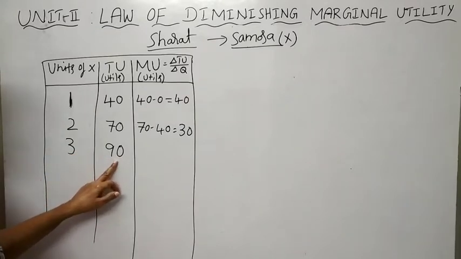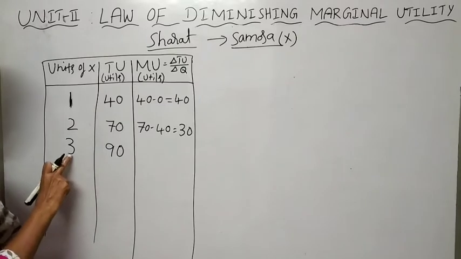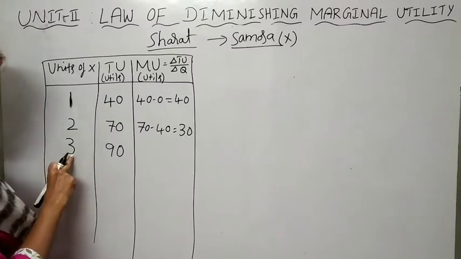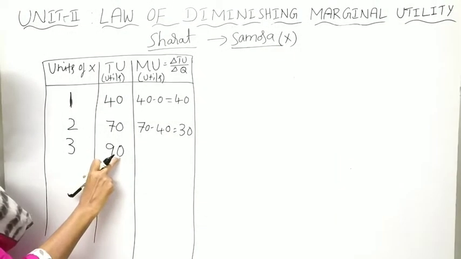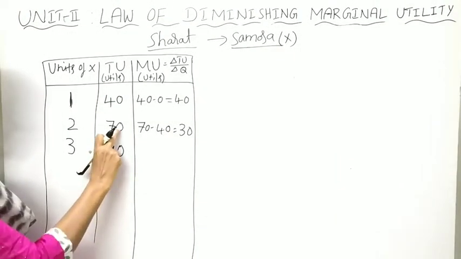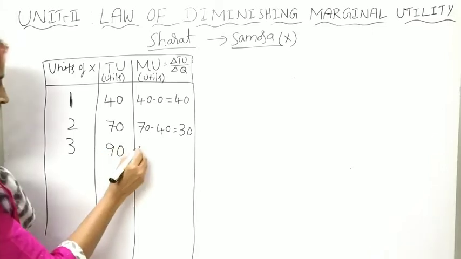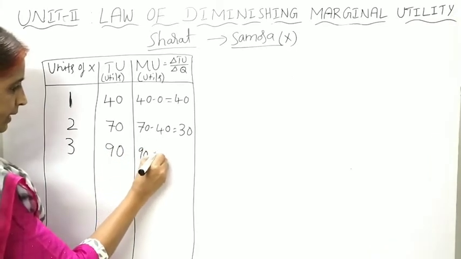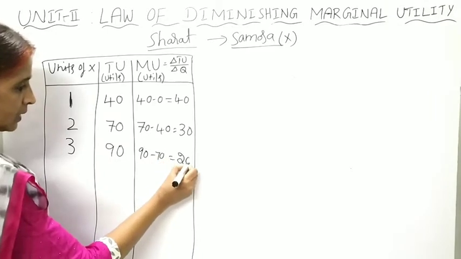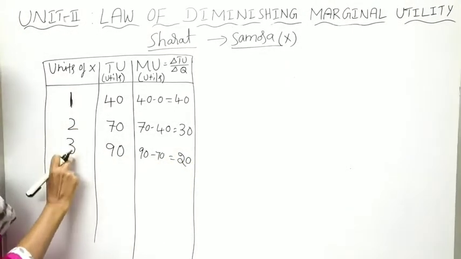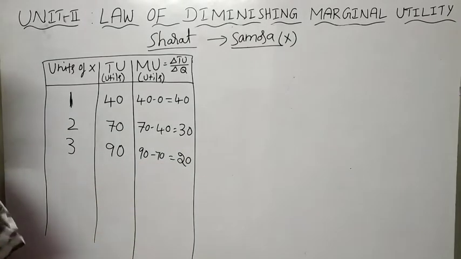What is the marginal utility of the third unit? That is delta TU, means change in total utility. 90 minus 70 is 20. Means 20 by the change in quantity, 20 by 1 is also the same 20.